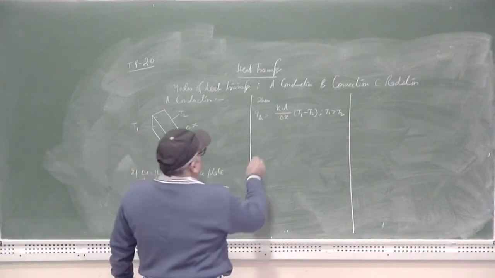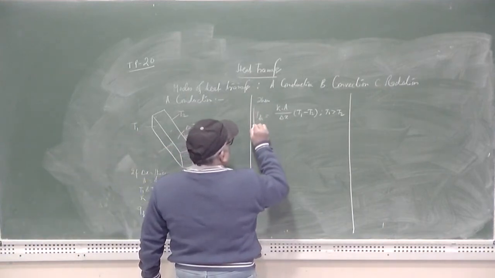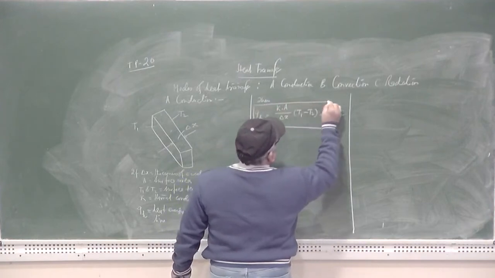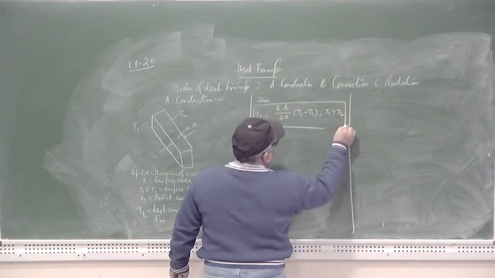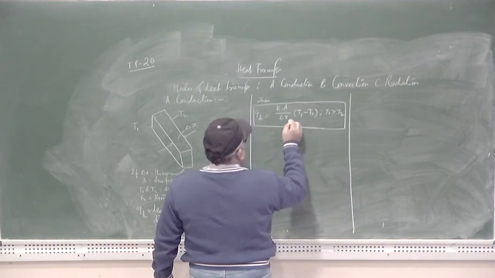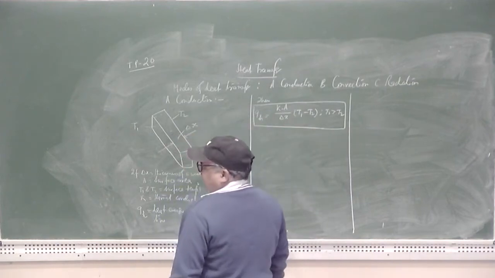So, this is the expression for the quantity of heat energy transferred through the conduction mode. This is called the Fourier law of heat conduction.